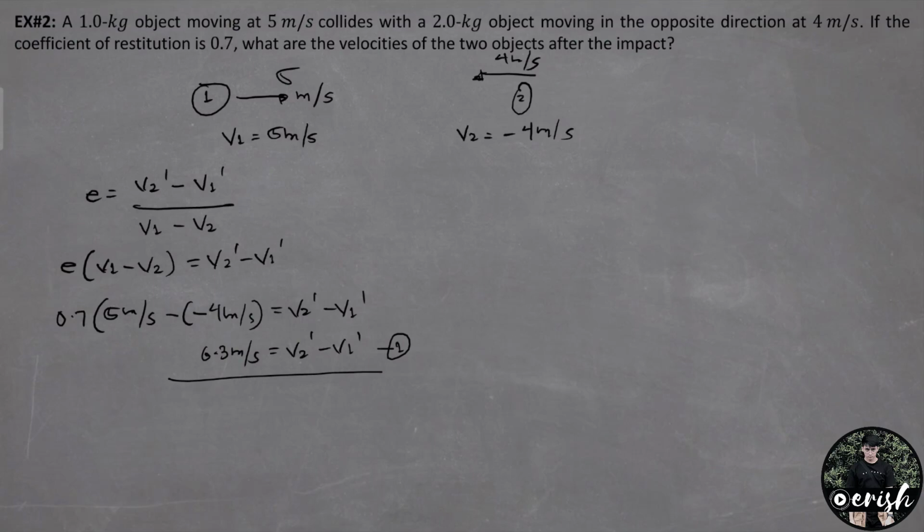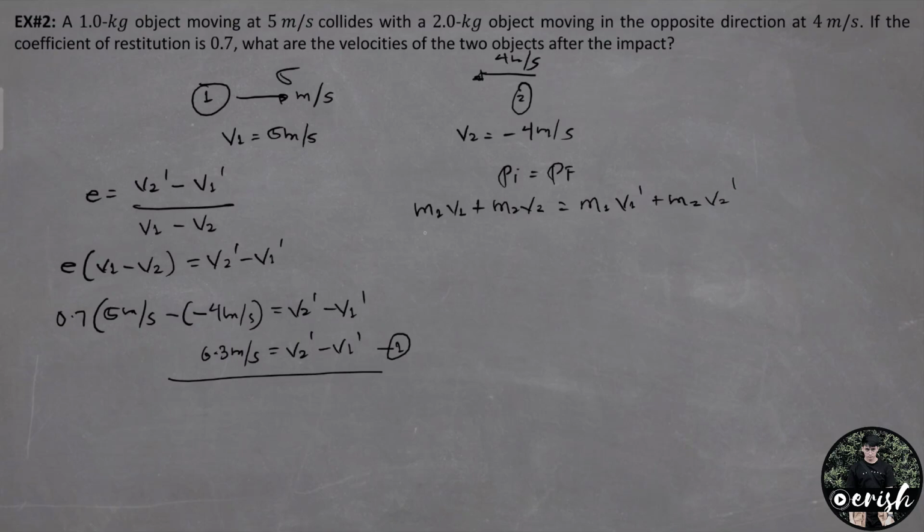For equation 2, by conservation of momentum, initial momentum is equal to final momentum: M1 V1 plus M2 V2 equals M1 V1 prime plus M2 V2 prime.